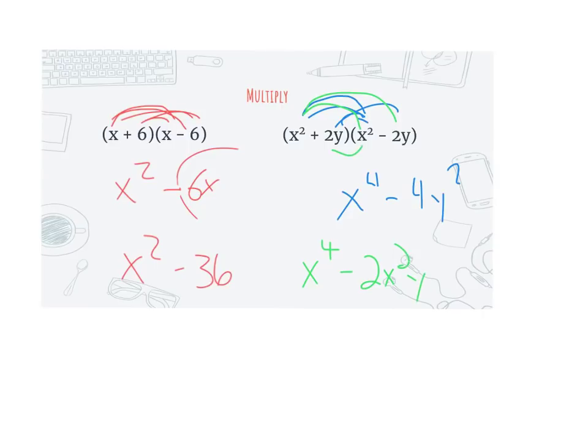And then a 2y times our x squared is a positive 2x squared y. And then 2y times 2y becomes our minus 4y squared. And then that's where our middle terms drop out, leaving us with that x to the 4th minus 4y squared. Good.